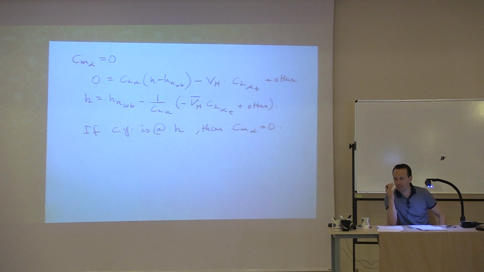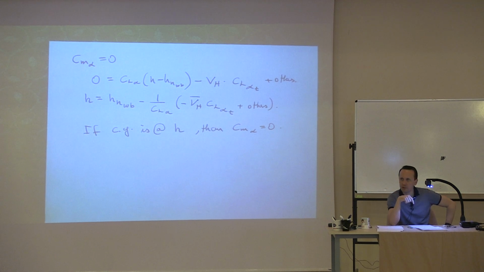This is kind of the definition of the aerodynamic center. We said if the moment does not change with angle of attack, we call that point the aerodynamic center of a wing or of an airfoil. And here, the moment is about the CG, of course.